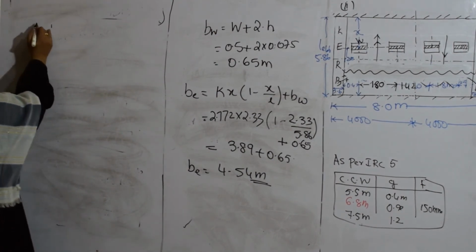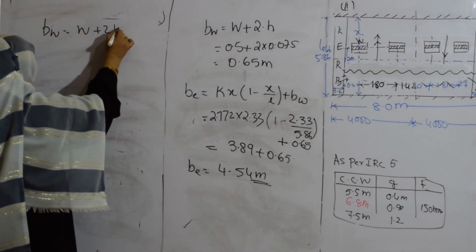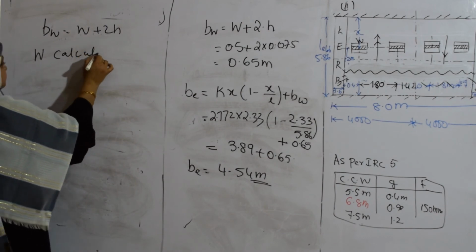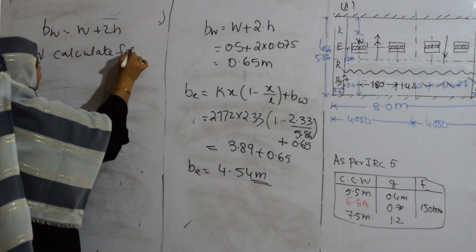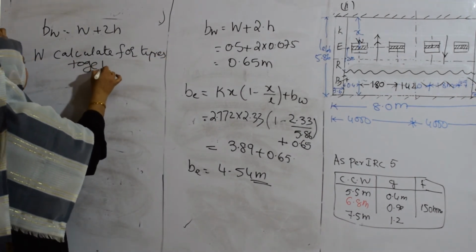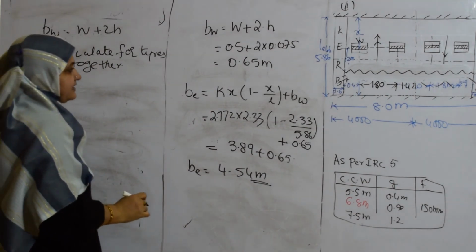You can see how I am going to calculate. Actual formula for BW is W plus 2H. This W I am calculating for 4 tires together. So very carefully you have to observe simultaneously both the figure and here.